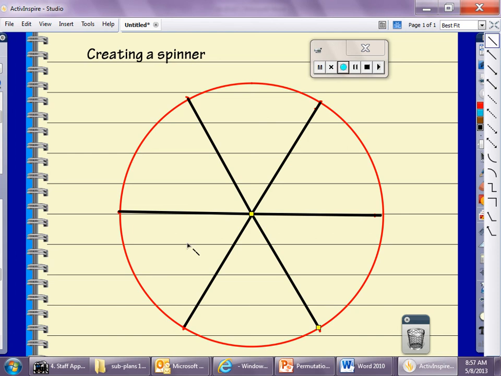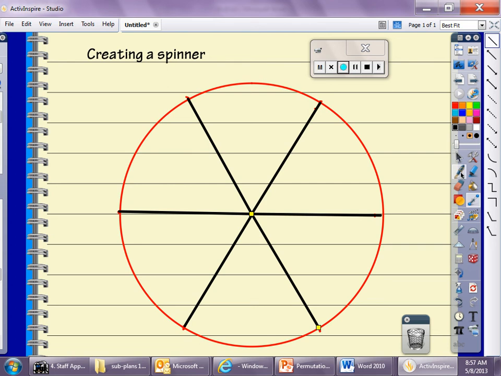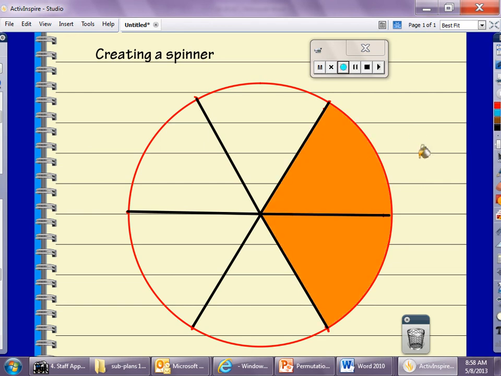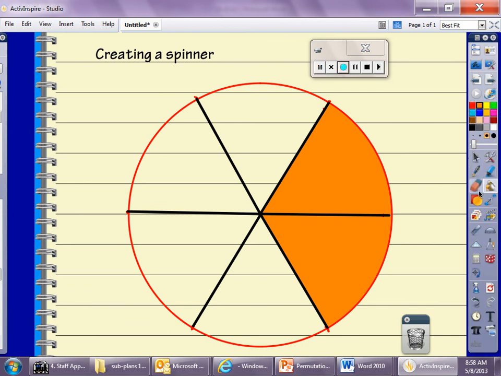Okay, so there's a 6-sided spinner, and then you can label it any way you want or color it in any way you want. You could put letters, numbers, colors, just to fill in the spaces. It didn't fill there, but you could fill it in any way you like to make your spinner.